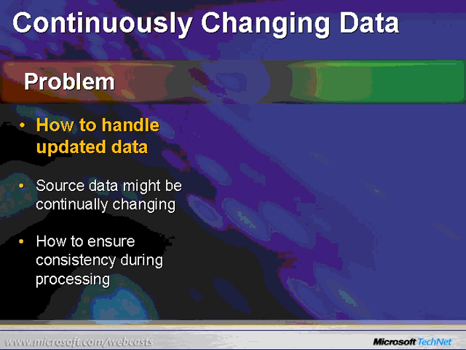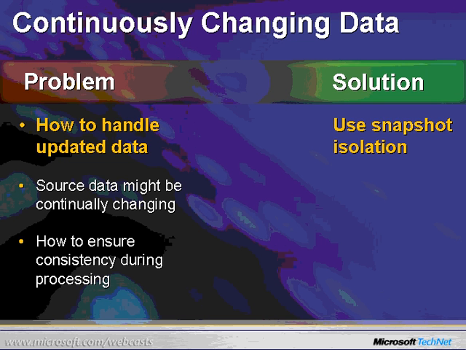When you define a data source within analysis services, you can specify that all the data for the cube has an isolation level of snapshot isolation.